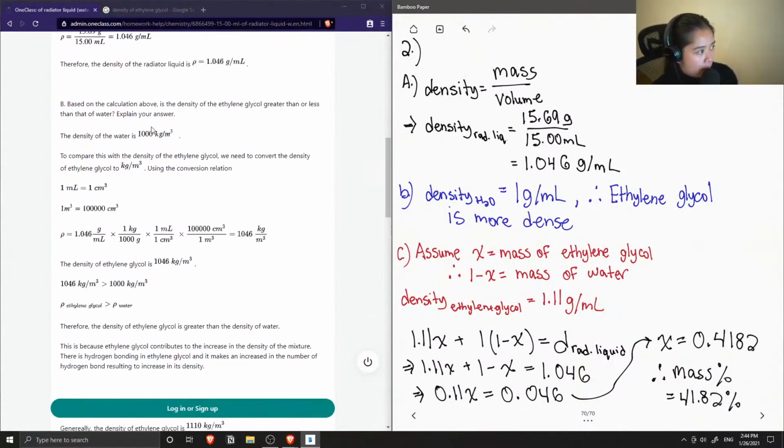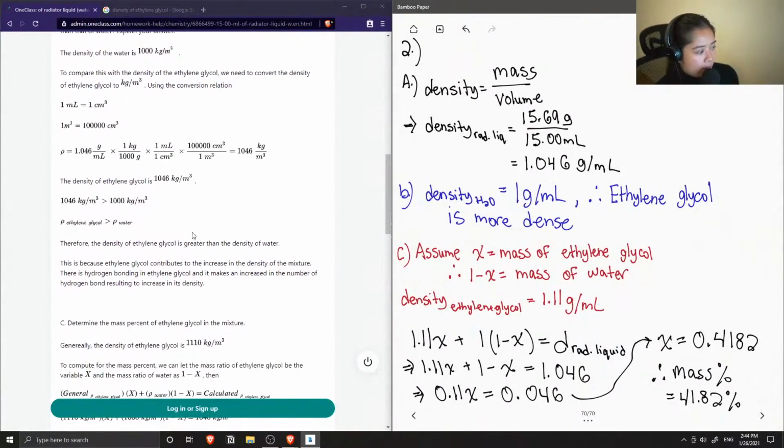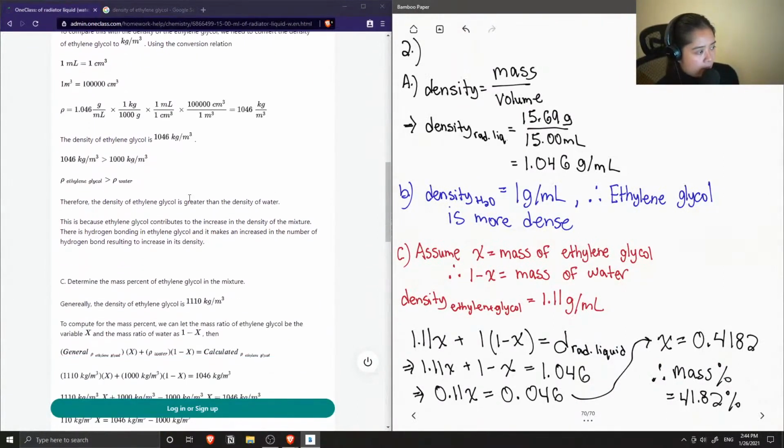And then they wrote out the density of water is 1000 kilogram per meter cubed, which is the same thing as 1 gram per mil. So they converted their answer from the previous step to kilograms per meter cubed, and they found that the density of ethylene glycol is greater than the density of water.